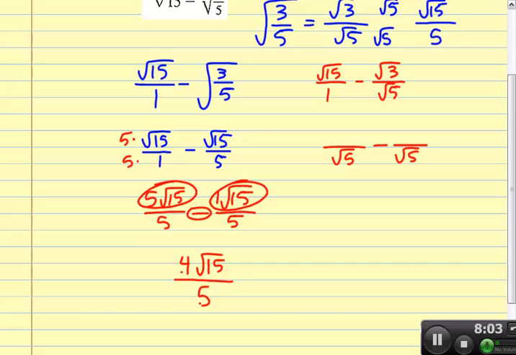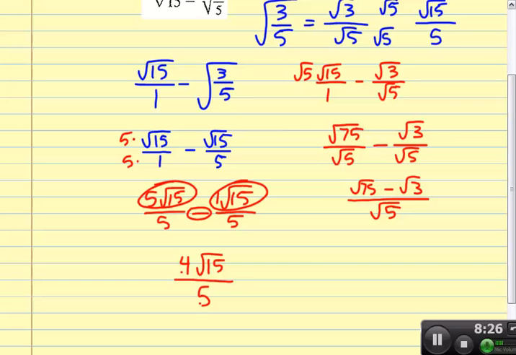Okay? Then this would stay root 3. And I'd have to multiply the top by root 5. And then root 5 times root 15 is going to be, what, root 75? Okay? Then I've got root 75 minus root 3 all over root 5.